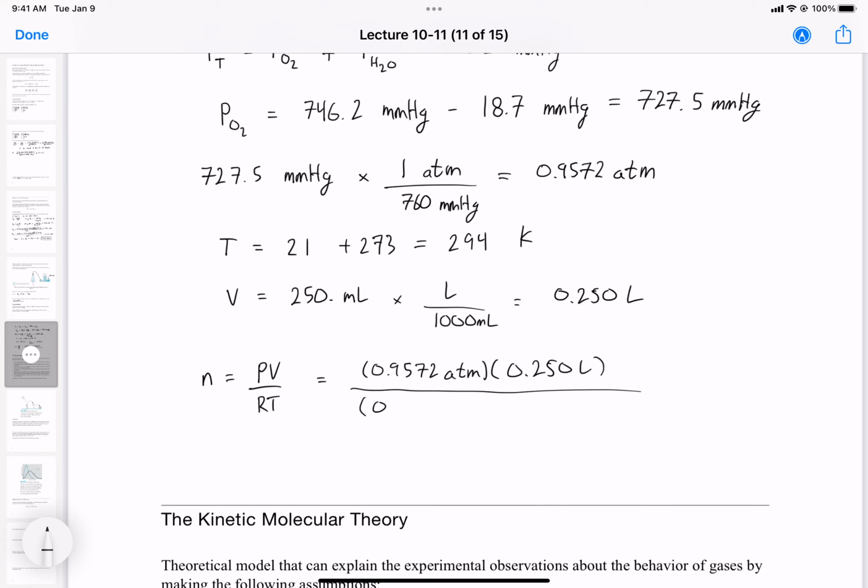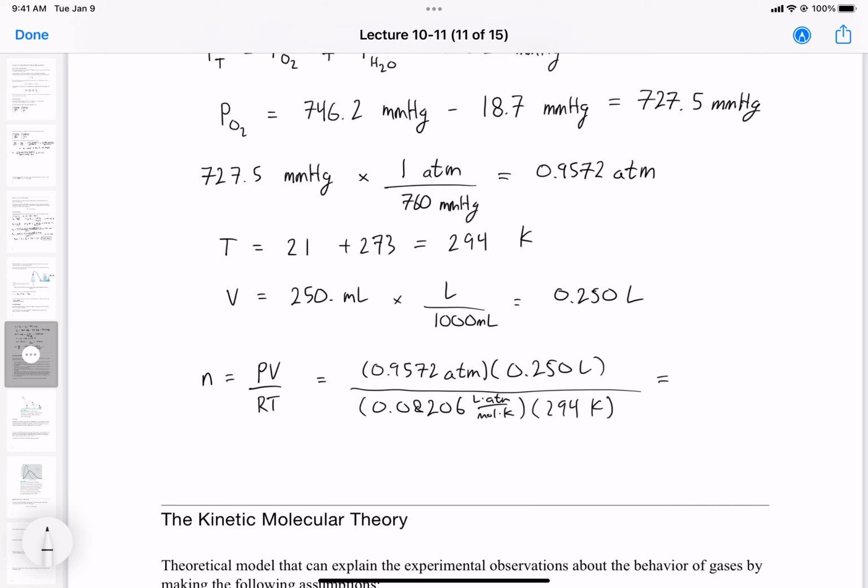Okay, so using the ideal gas law, we can solve for moles. 294 Kelvin. And we get, but maybe let's first do this a little bit differently. 0.9572 times 0.250 divided by 0.08206 divided by 294.